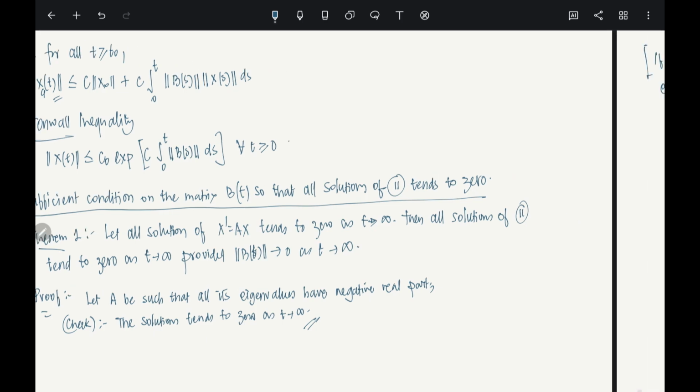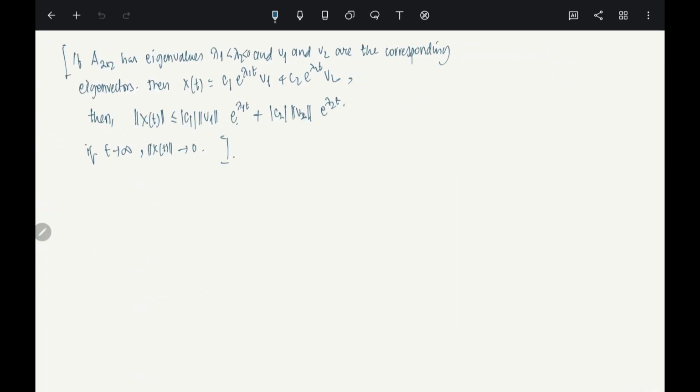So now what you can say is, thus, there exist C and eta such that the norm of e to the power At is dominated by some constant times e to the power minus, let's just call it delta t.